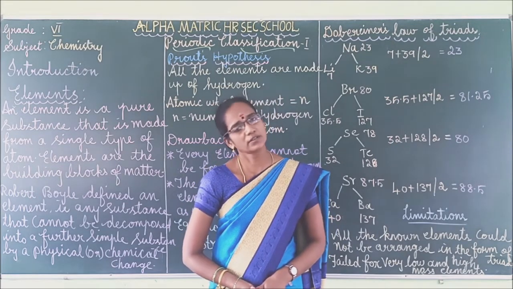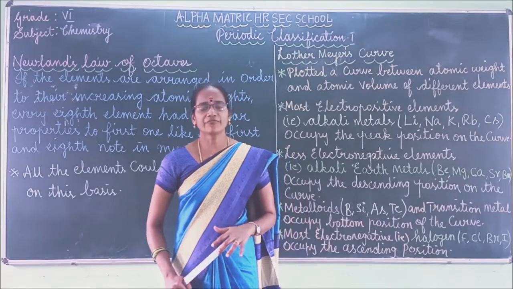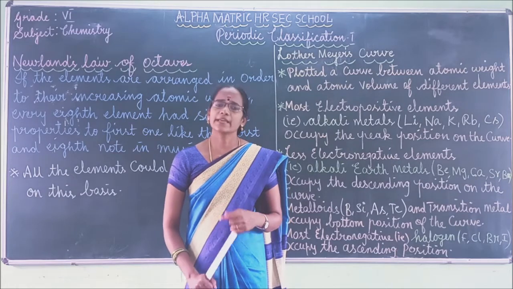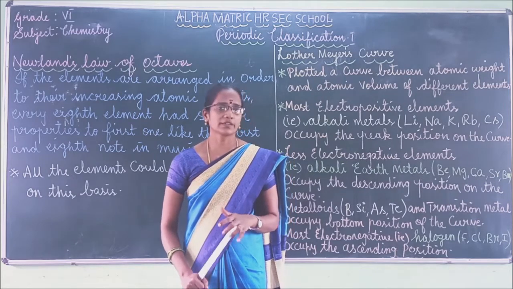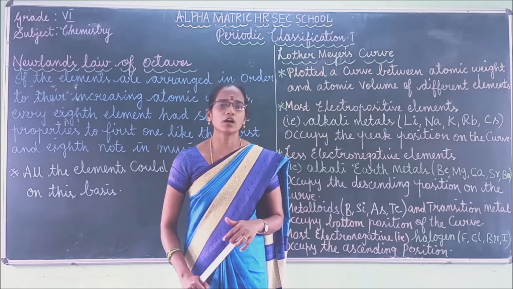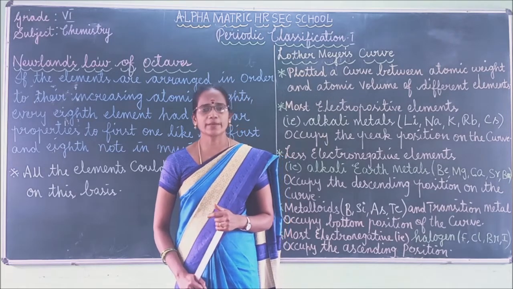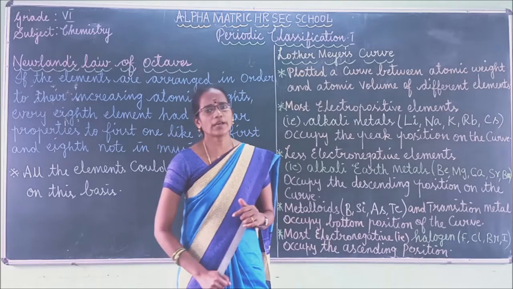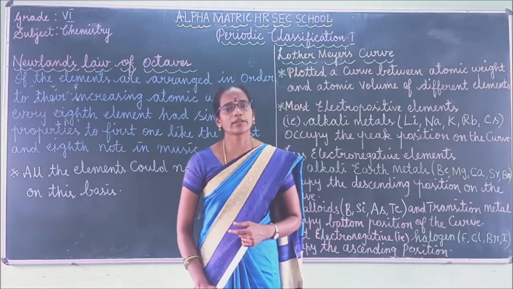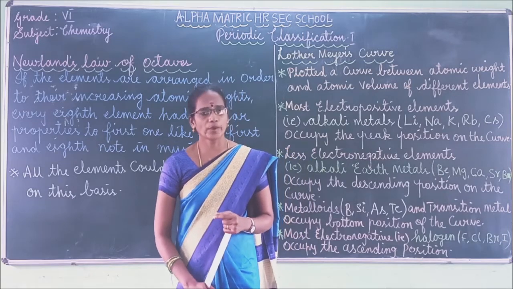Got it, children? Right. After the failure of Döbereiner's law of triads, the English scientist and chemist Newlands gave the law of octaves. According to Newlands, elements are arranged in the increasing order of their atomic weights.